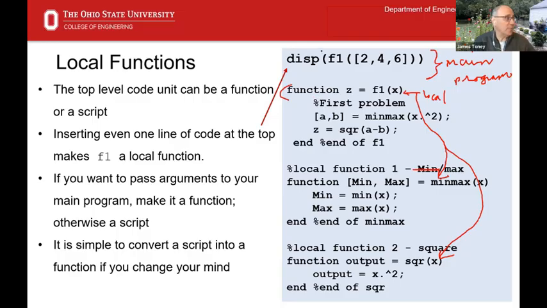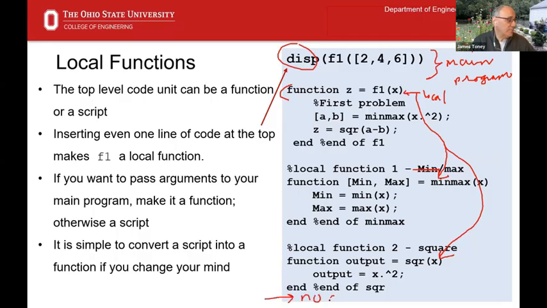But if you're doing it this way, where your script is going to be at the top, and then you put your local functions, okay, now the rule is it has to be the script at the top, and then the functions have to be at the bottom. Okay, so this now is your main program, and you can't put anything else here.